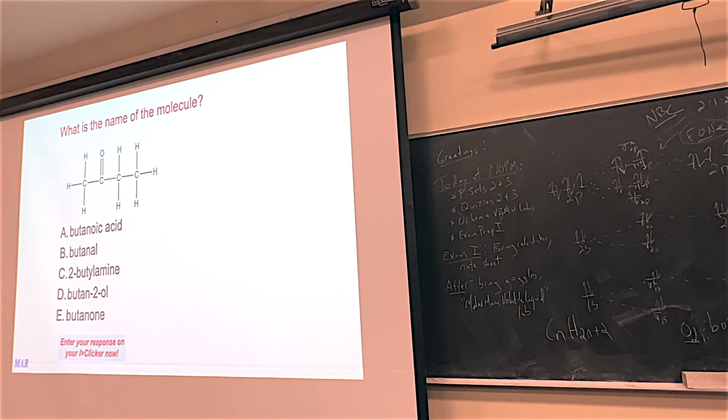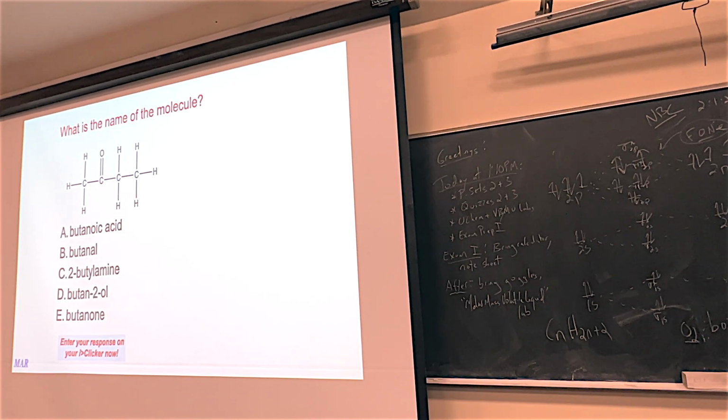So we need to figure out here if this is a ketone or an aldehyde. A C double bond O with an H next to it is an aldehyde. So if this was a C double bond O and there was an H right there, then it could be maybe butanal, an aldehyde.